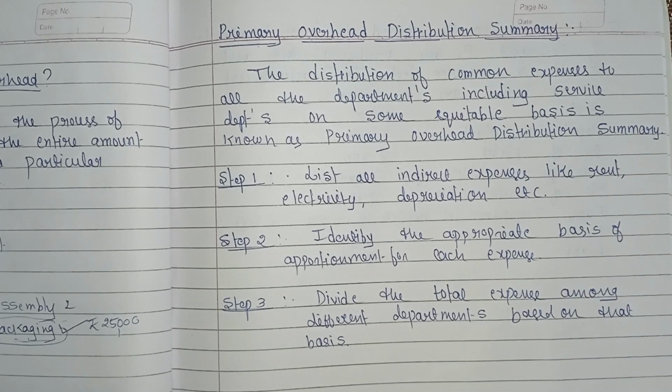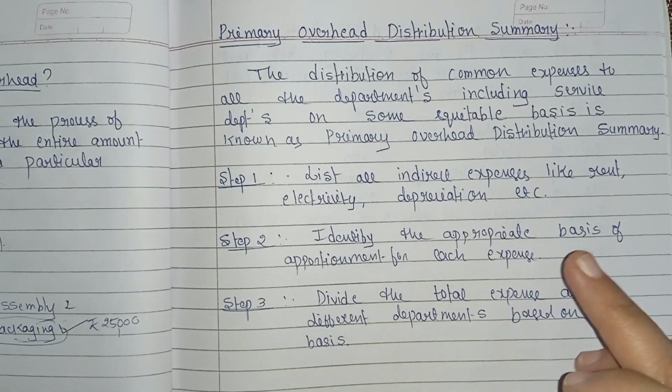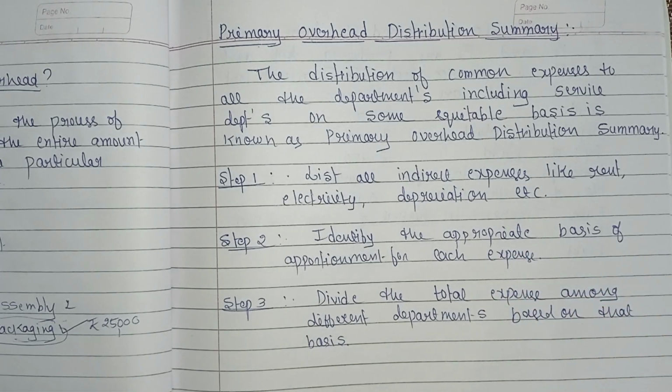In the second step we identified the appropriate basis, right? On that basis we need to divide the total expenses. That's it. That is what primary overhead distribution summary is.